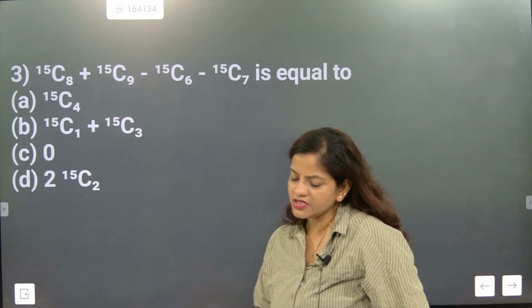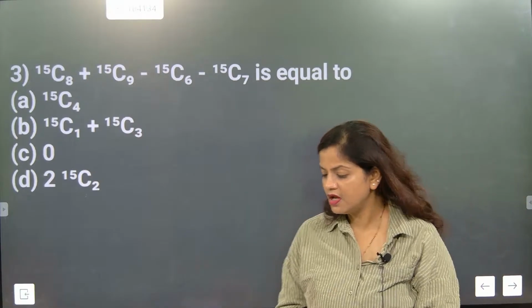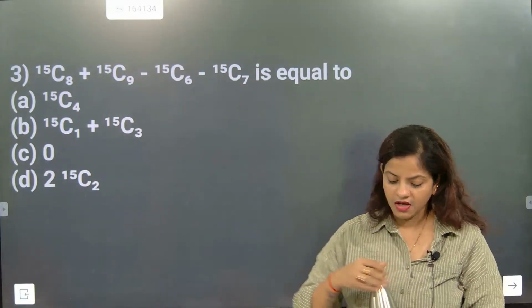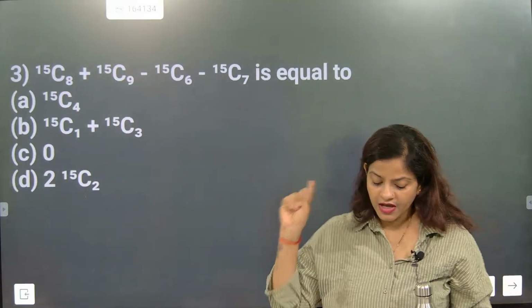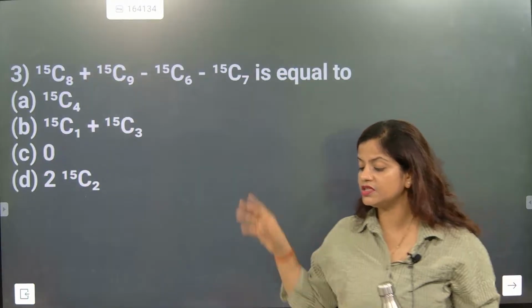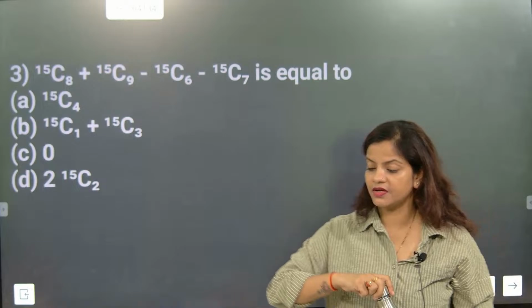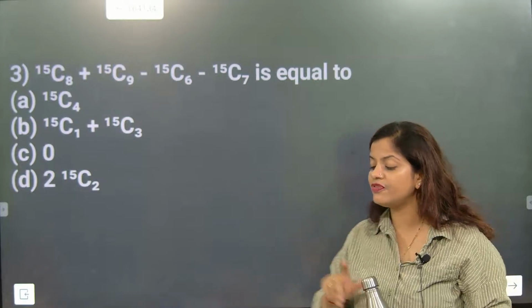I think you people must answer this question as fast as possible. This is a very, very easy question, beta. The same formula that I used now, based on this only, this is going to be solved. The first question I solved with the formula, the same is there. See, all are having 15, 15. That is your clue.